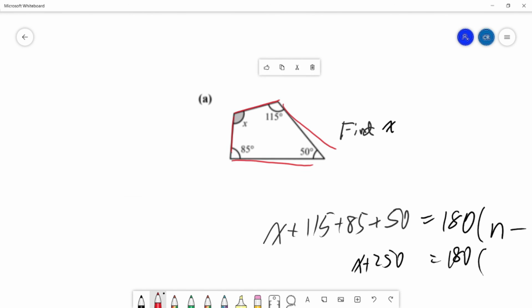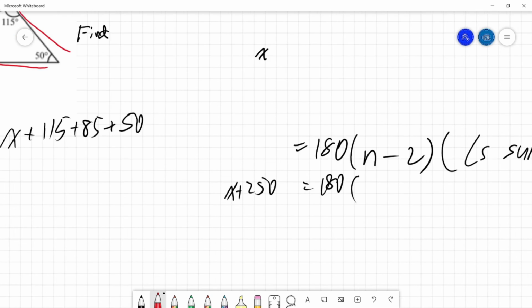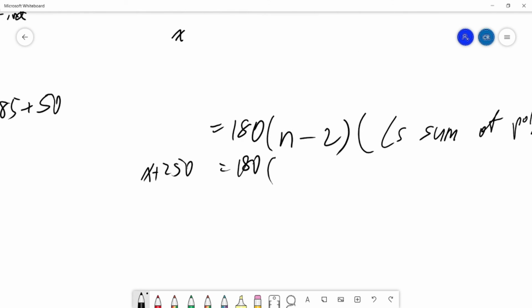After counting, we get 4 sides minus 2, and that is 2. So x plus 250 equals 180 times 2, which is 360.